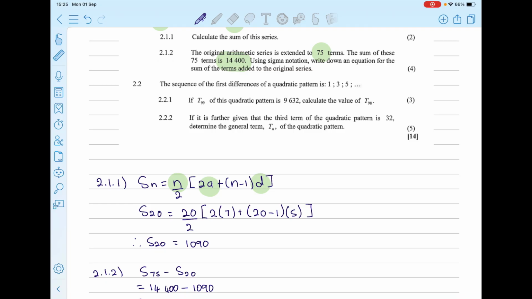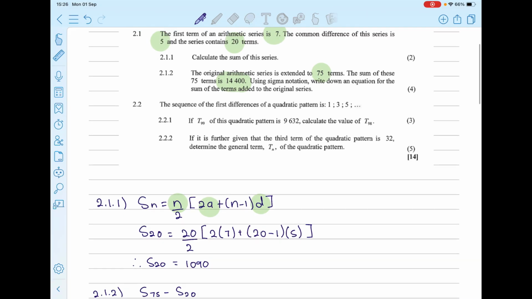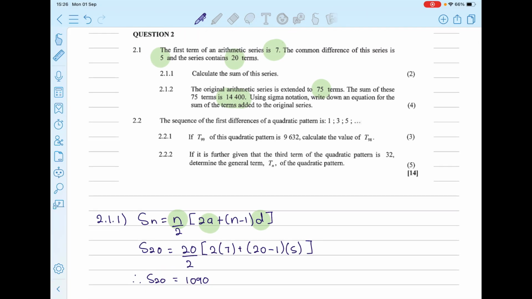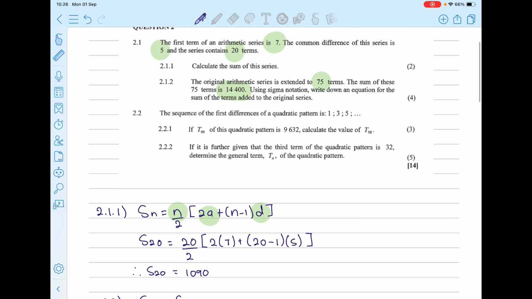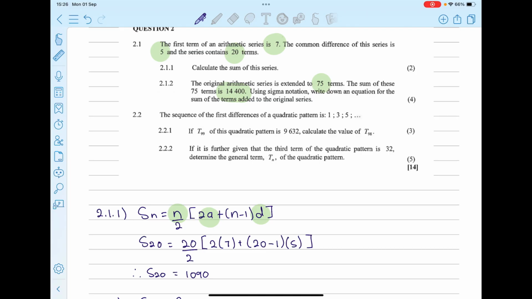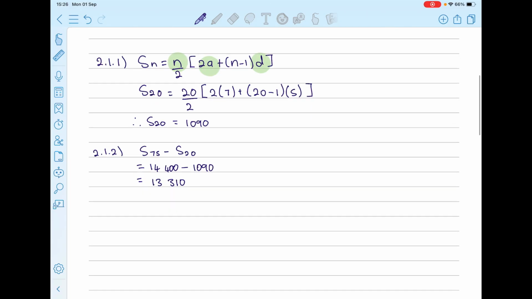The next step is now to set up the sigma notation. So when you write a sigma notation equation, you need the general term. So even though we've added 75 terms, the general term will remain the same. So let's get the general term, and we can use the information that we were given above and then substitute that into our sigma notation.